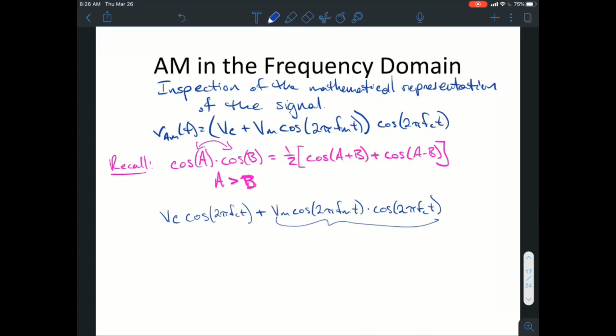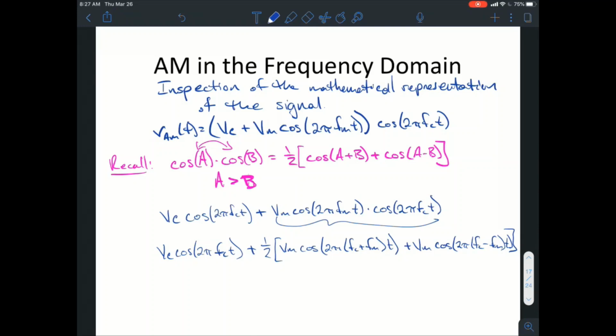We apply that trigonometric identity, and then we end up with V sub c cosine 2 pi f sub c of t plus 1/2 times the quantity V sub m cosine 2 pi (f sub c plus f sub m) times t, plus V sub m cosine 2 pi (f sub c minus f sub m) of t, close parentheses, close quantity.